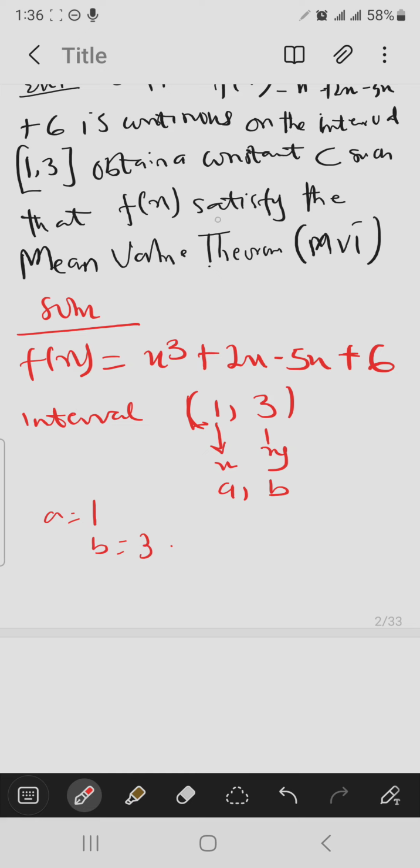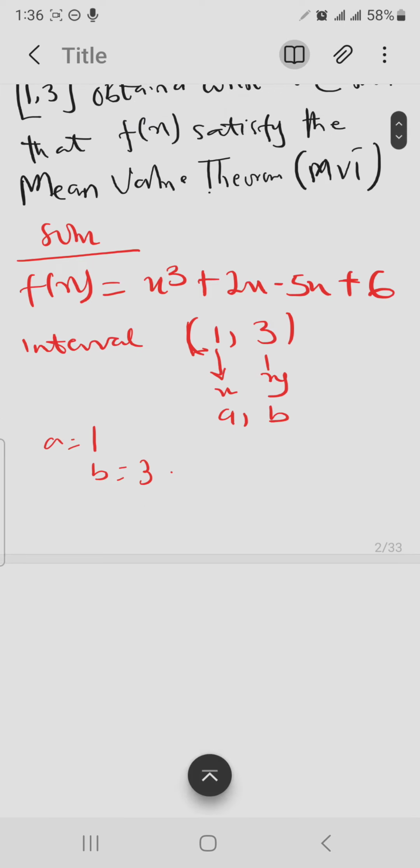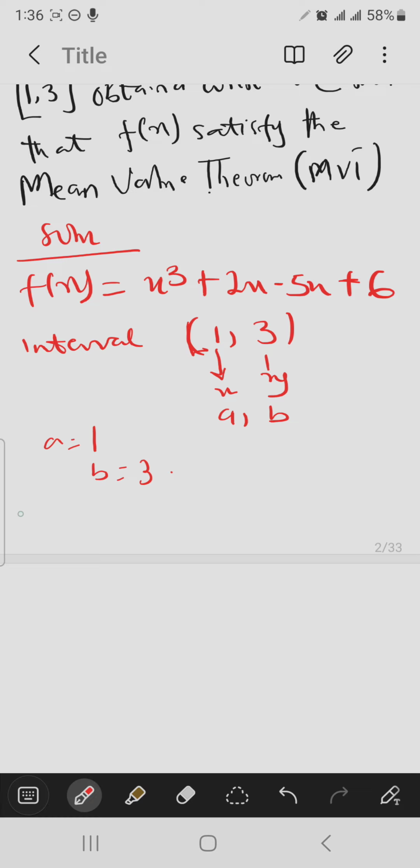Now they said obtain the constant such that f of x satisfies the mean value theorem, MVT. The first thing we are going to do is write the function. f of a will be f of 1, so wherever we see x, we put 1 there. 1 raised to the power 3 plus 2 into 1 minus 5 into 1 plus 6.